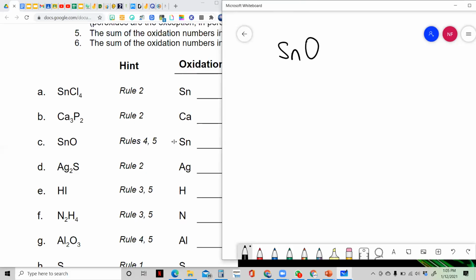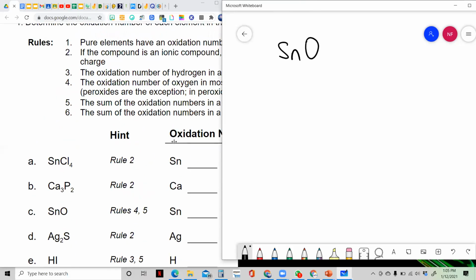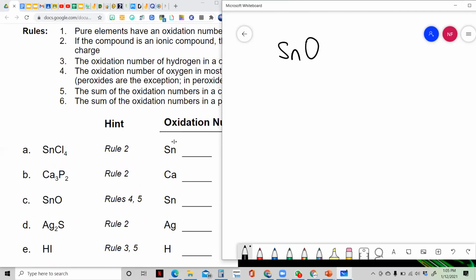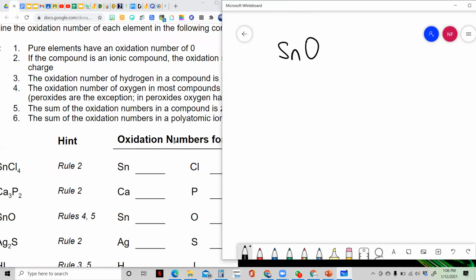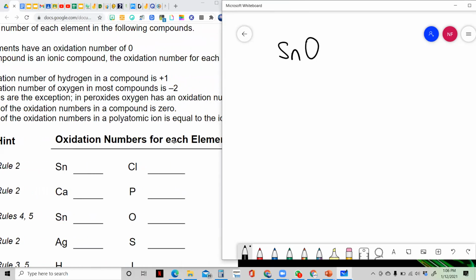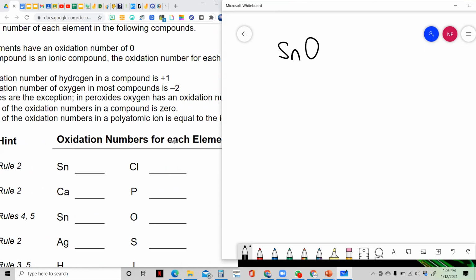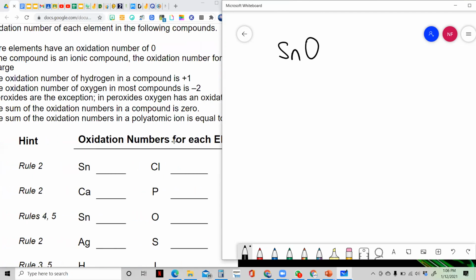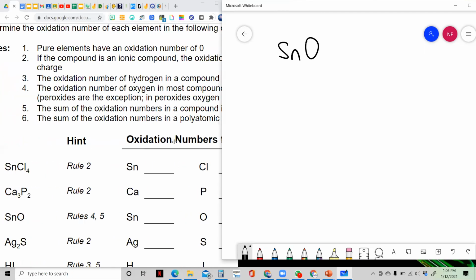For this particular one, we're going to look at rules number 4 and 5. Rule 4 says the oxidation number of oxygen in a compound is supposed to be -2, and we know we don't have a peroxide there. So right away we can identify the oxidation number for oxygen, because our rule told us so.